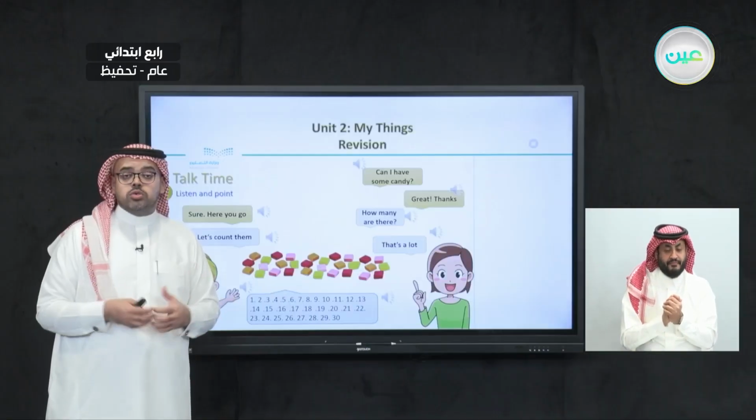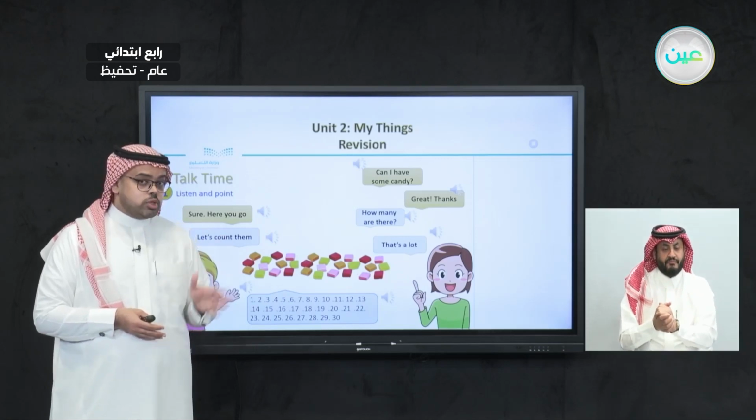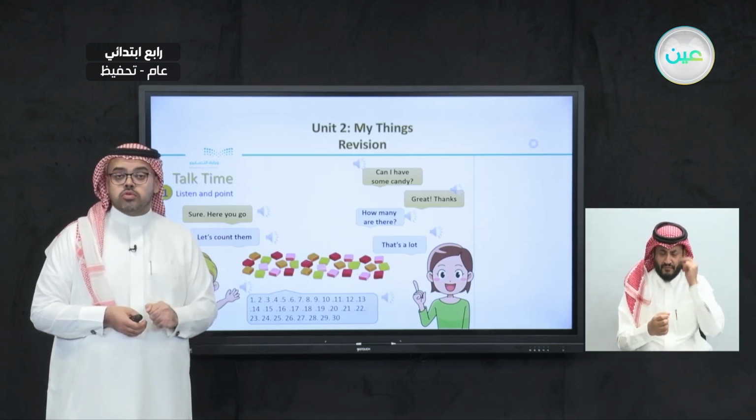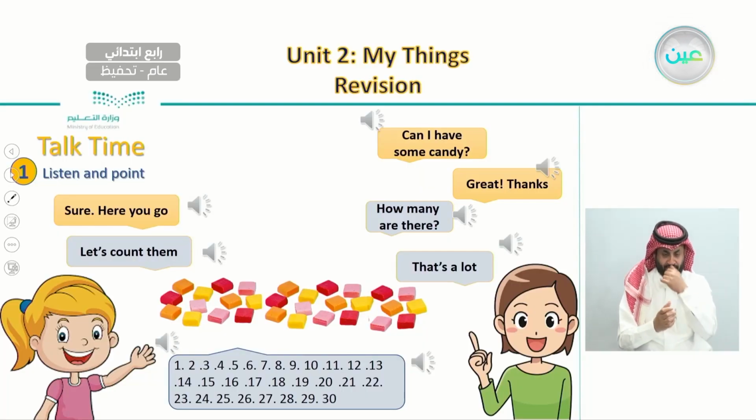Would you like to count them again with me so we can learn and be sure that we can count from 1 to 30? Okay, so let's begin. Let's count these candies and see if we have up to 30.